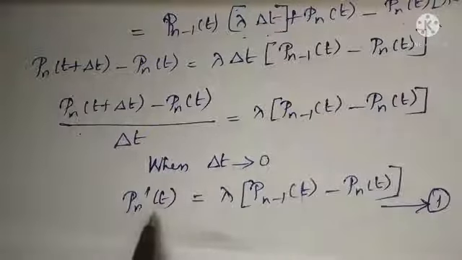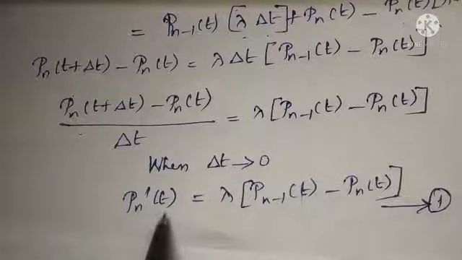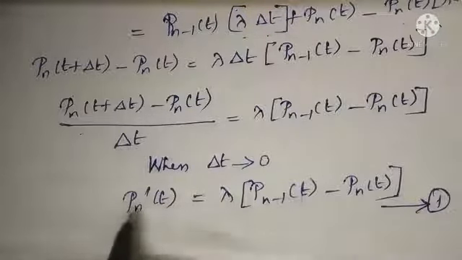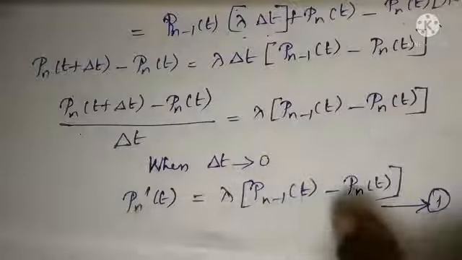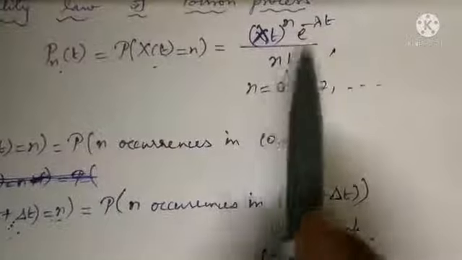Now, in order to get Pn of t, as the next step, let us assume the solution. We know the solution of Pn of t is lambda t whole power n into e power minus lambda t by n factorial.